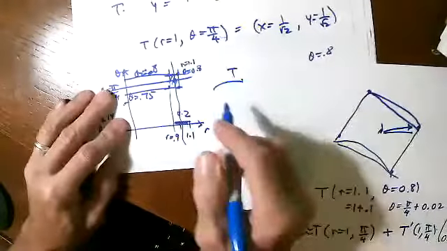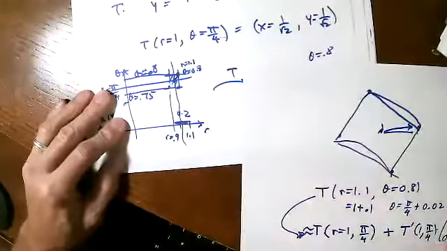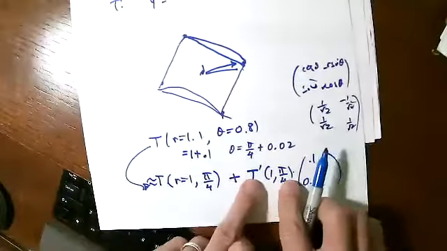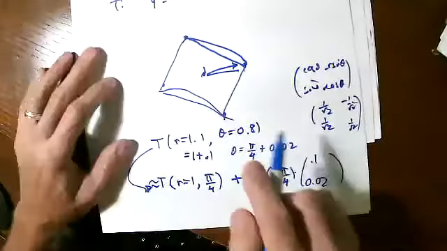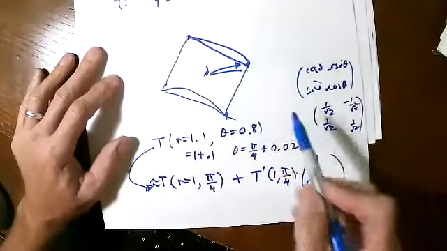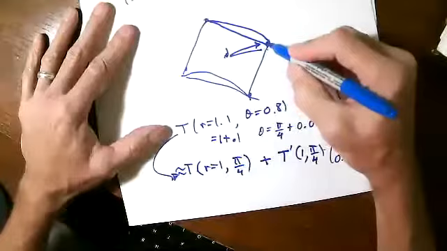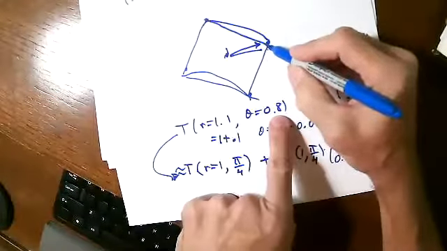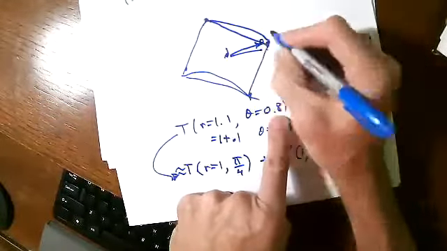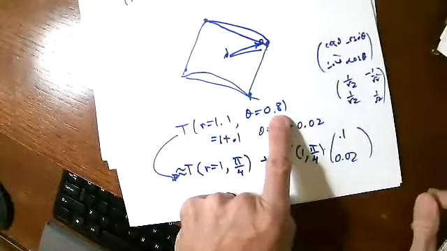That's the small vector that joins these 2 points. That vector gets transformed in this picture to give you a small vector in the xy plane. It won't tell me exactly where T of 1.1 comma 0.8 is, but it'll point to something that's nearby.